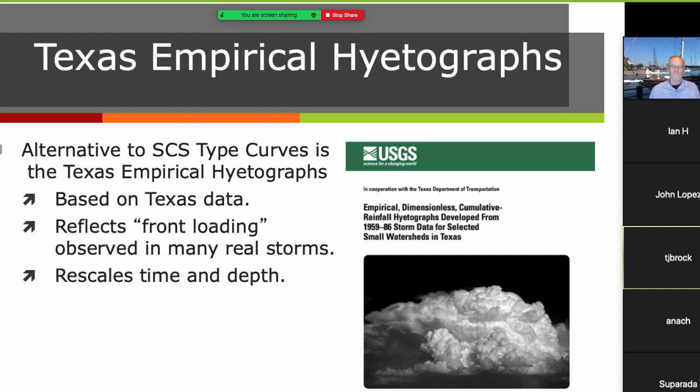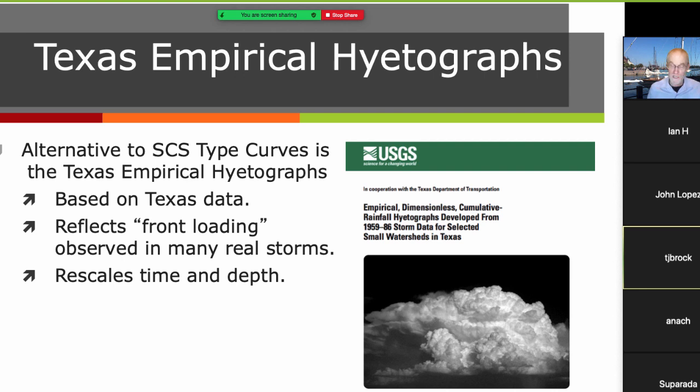Iowa being one, which is where the methods in this particular document were drawn from. And what these are is analysis of many, many real storms with a lot more emphasis on regional behavior, not trying to make something that will work for the entire United States.